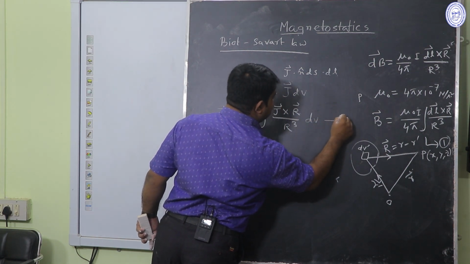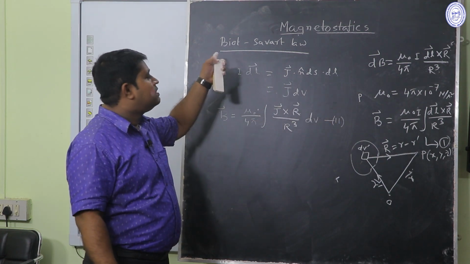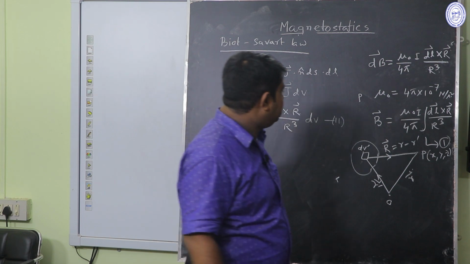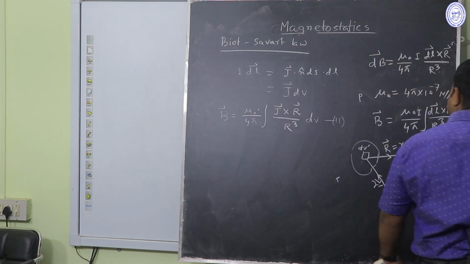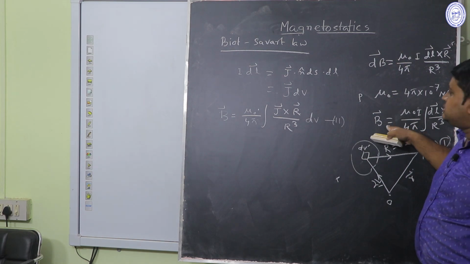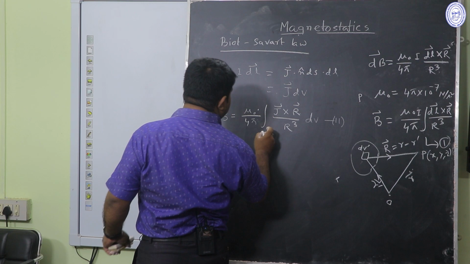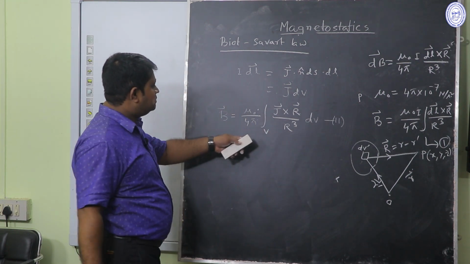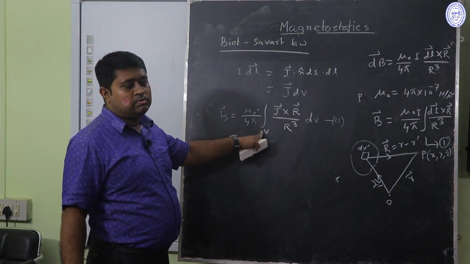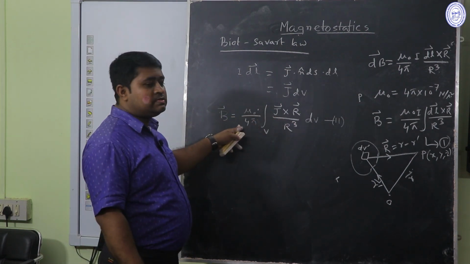Suppose this is equation number 2. So, equations 1 and 2 are known as Biot-Savart law. This equation is for line current distribution, and this equation is for volume current distribution. This integration is taken over the volume.